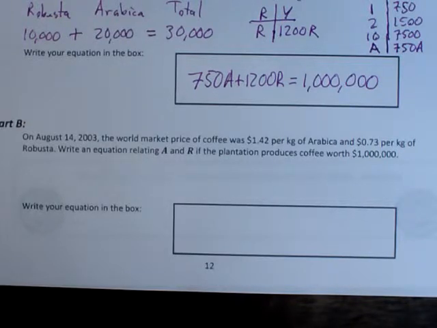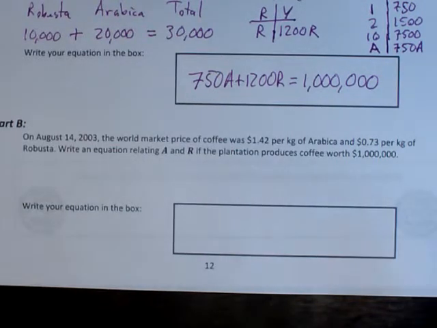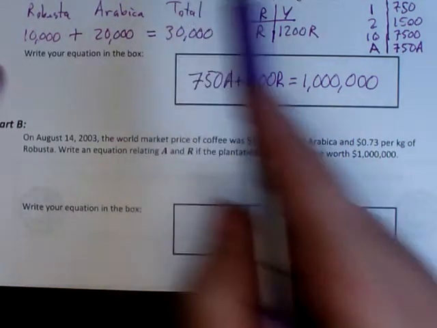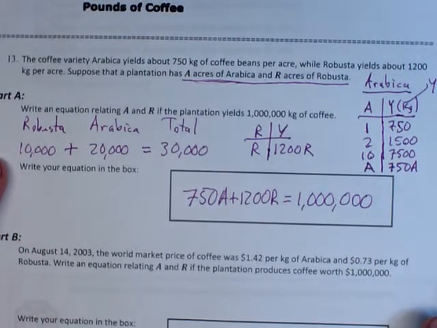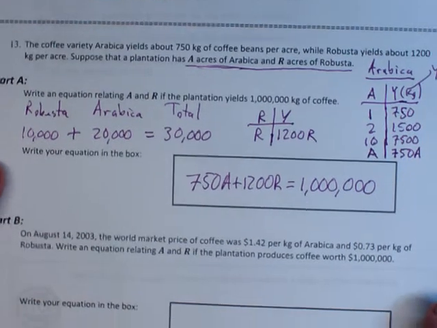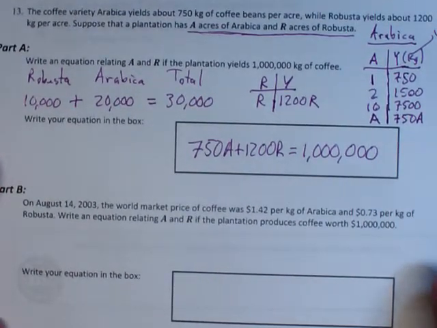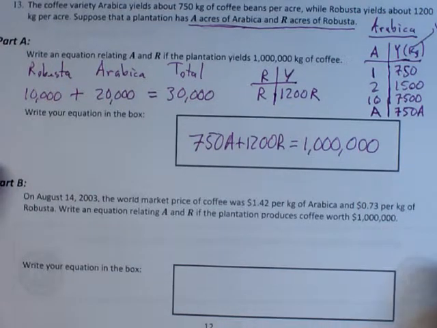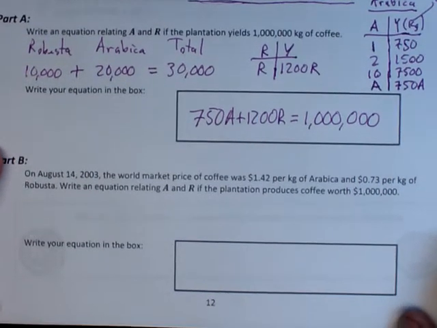Write an equation relating A and R if the plantation produces coffee worth 1 million. Okay, so notice that they haven't redefined their variables, which is a good thing, right? Both of these equations should be talking about the same A and R. So A and R are not the kilograms of coffee, they're the acres of the particular coffee that's grown.